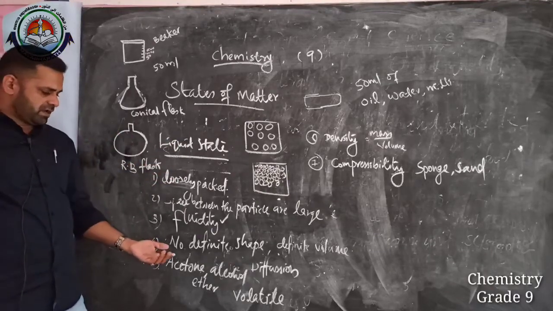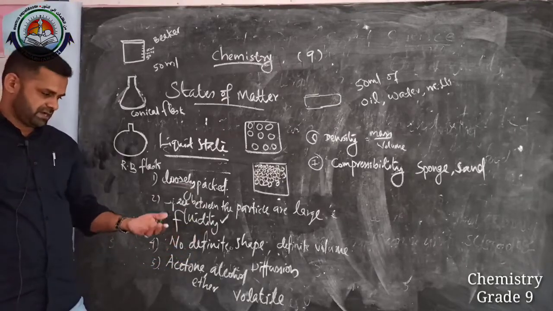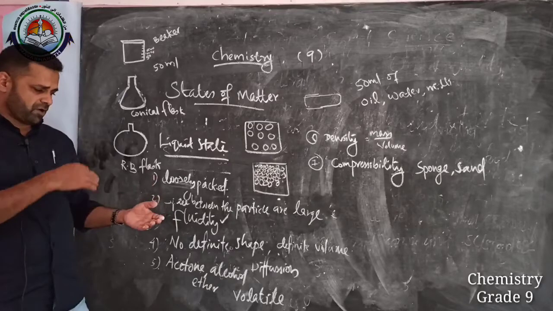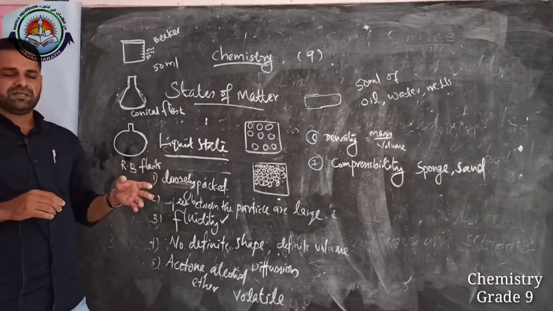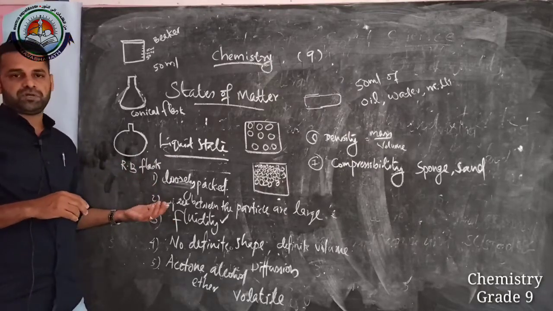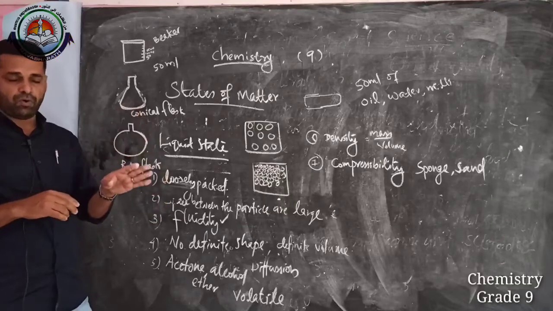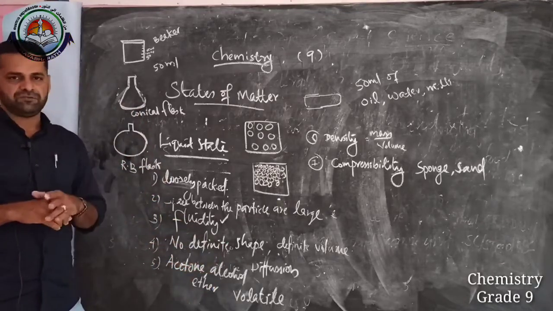So, when we take volatile liquids, they are having more power of diffusion, and the other liquids show less diffusion. As compared to solids they are more, but as compared to volatile liquids they are having less diffusion power.